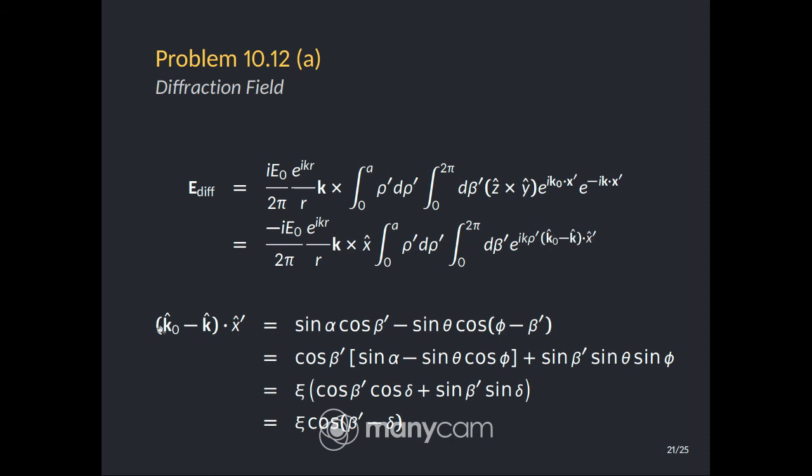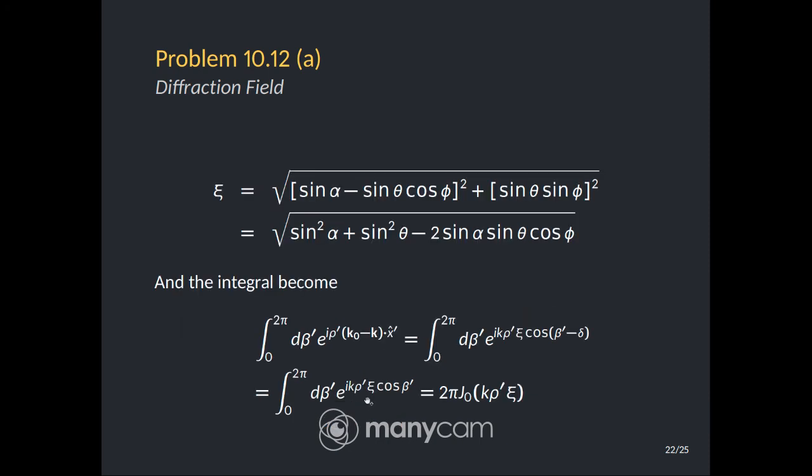We can express these things in these expressions with trigonometric functions, and after we use some formulas about sine and cosine, we can change this integral into this form. After the integration we will get 2 pi times J0, where J is the Bessel function.